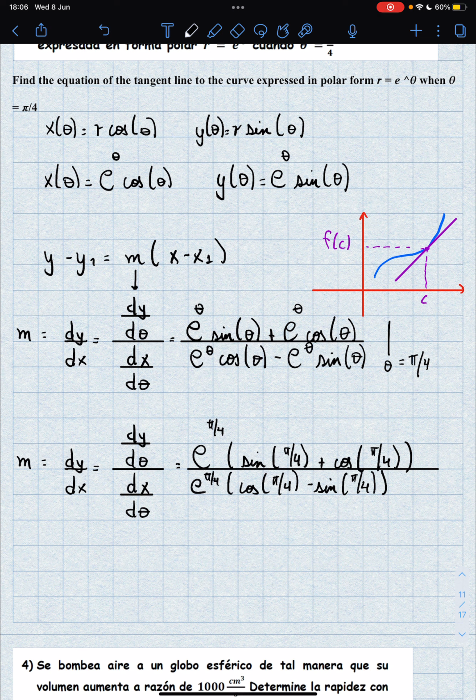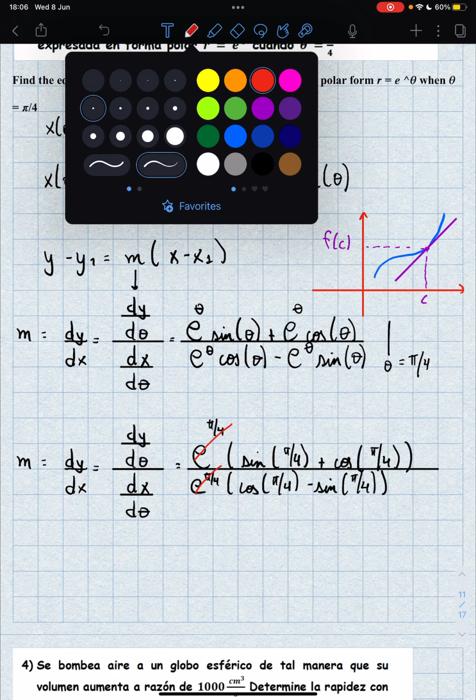Good. Now, let's analyze something first. Of course, first of all, the e to the pi over 4 cancels. I cancel this and I cancel this. So I'm going to have sine of pi over 4 is square root of 2 over 2 plus square root of 2 over 2, which is square root of 2, over cosine of pi over 4 minus sine of pi over 4.